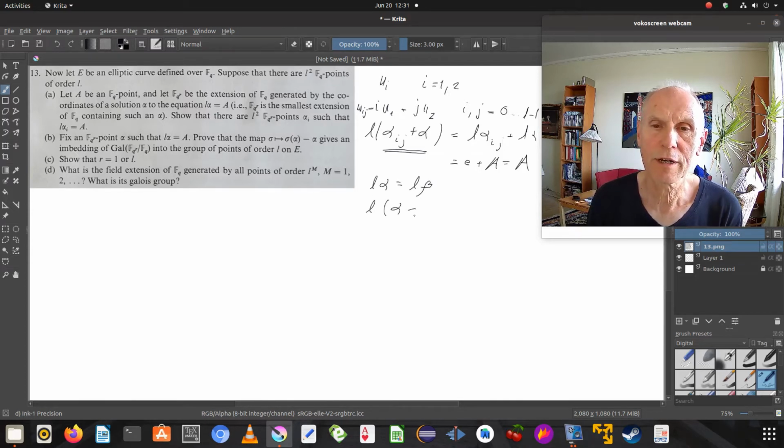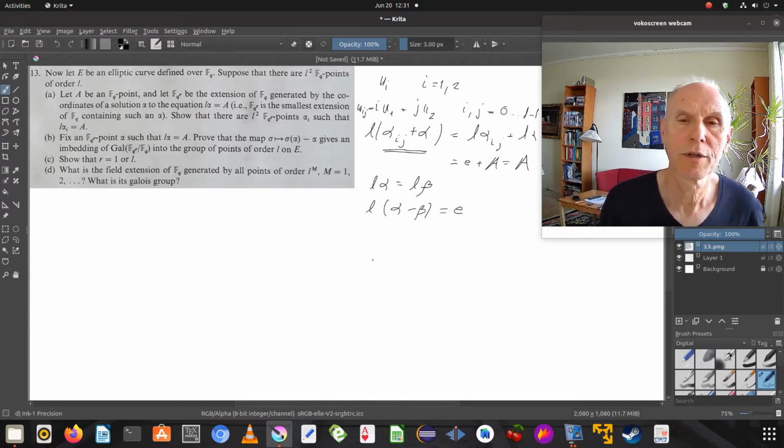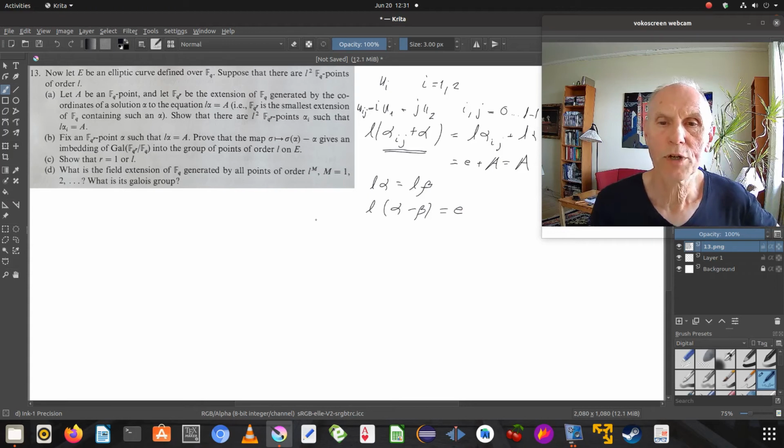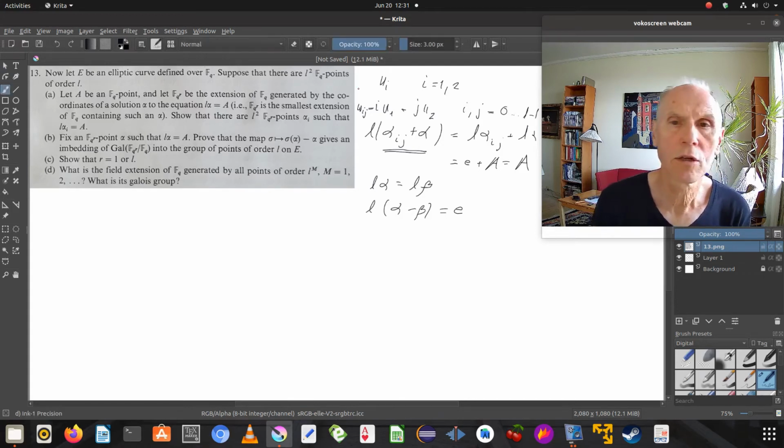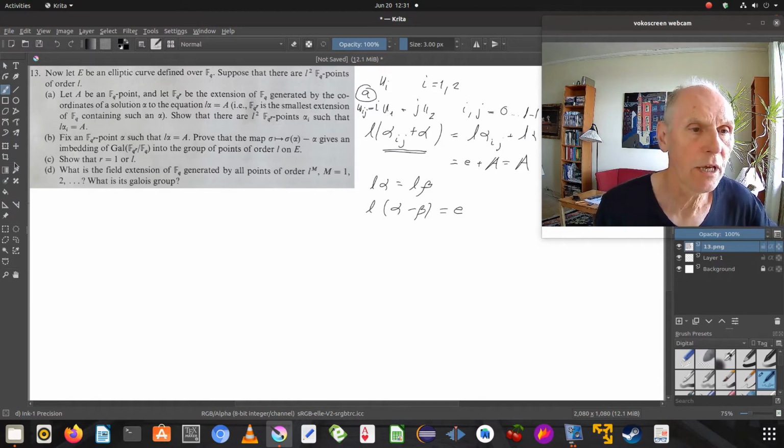That means that L times alpha minus beta is the unit element, which in turn means that it's one of these L squared points. All right, that's A.